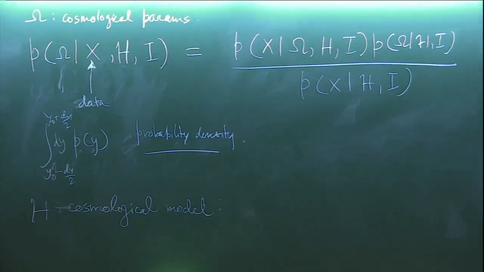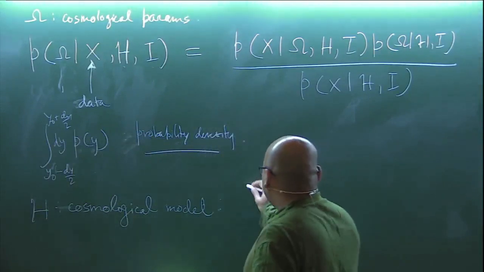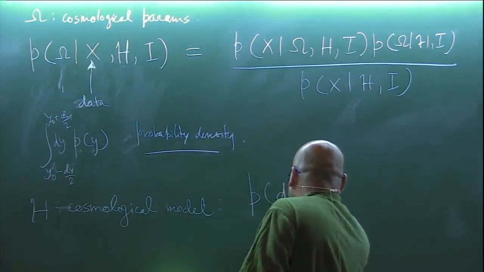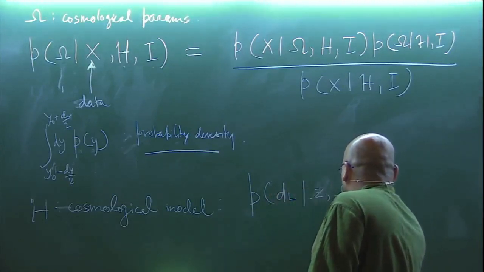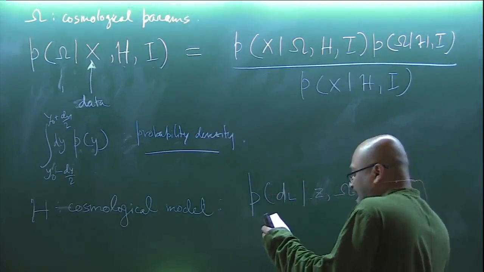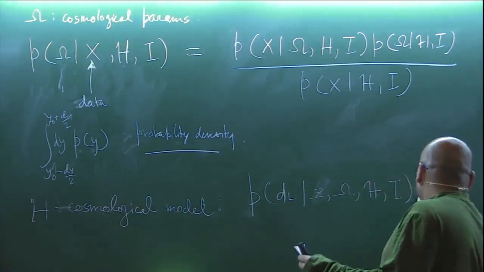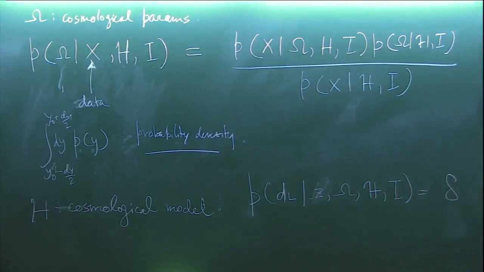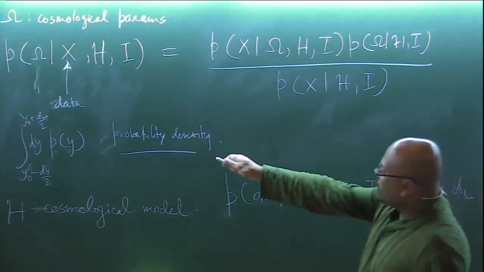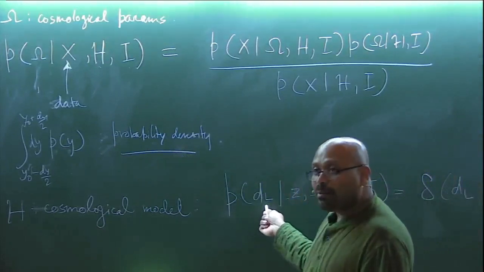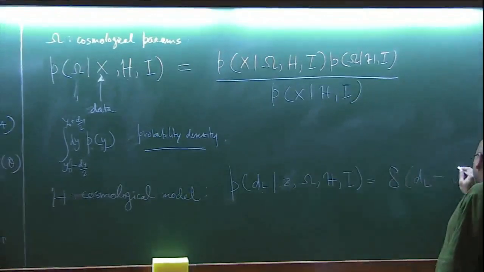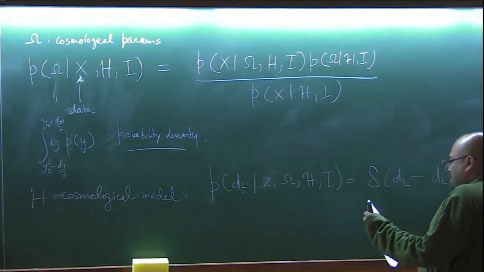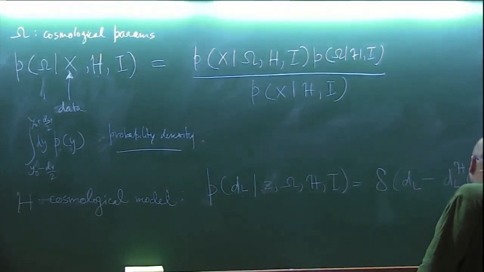And for us, the cosmological model can be written down as an expression: the probability of dl given z, omega, h and other independent variables is just a delta function in dl. So now this is the probability density in dl that I'm talking about. It's just a delta function that has a support in the dl as predicted by the cosmological model.